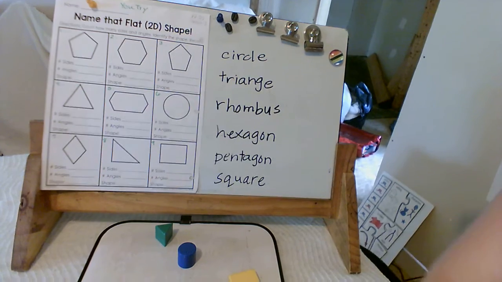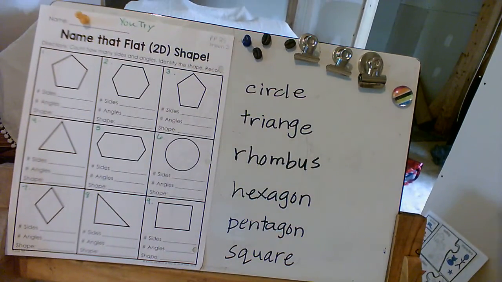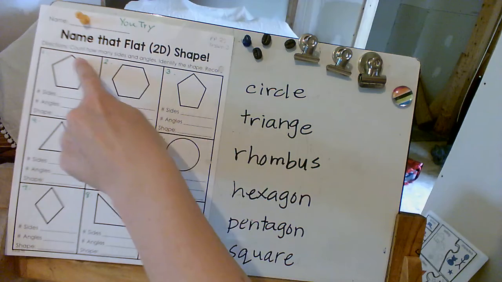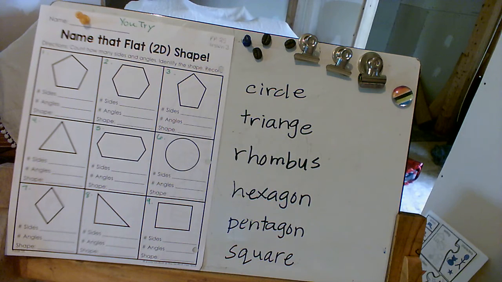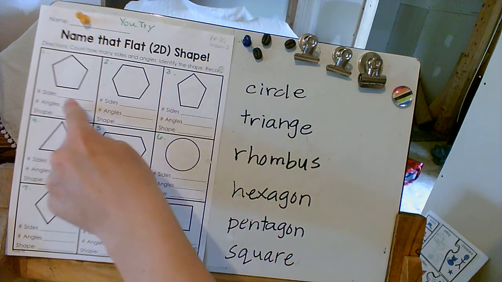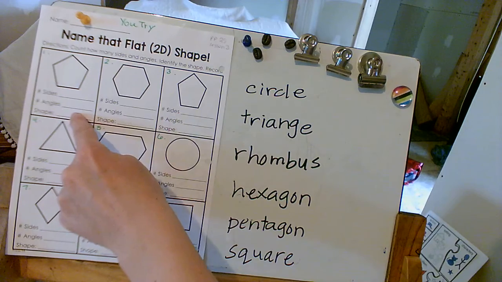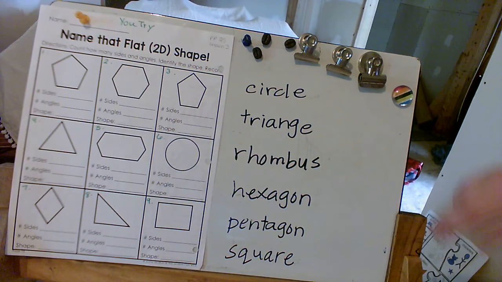So here is your assignment. You are going to name that flat 2D shape. Count how many sides and angles and identify the shape. So on a separate piece of paper, you can number 1 to 9. For number 1, you're going to tell me how many sides, how many angles, and the name of the shape. Over here is a word bank that has all the names.